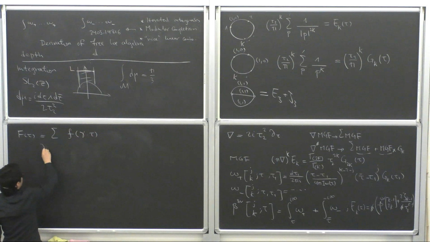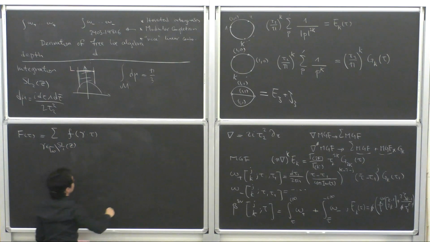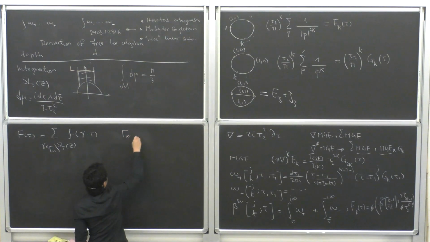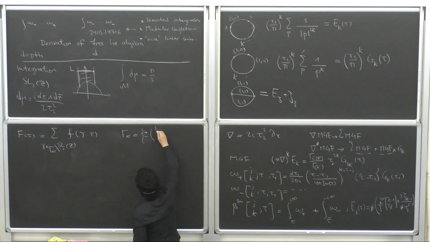This gamma that acts on tau is an element in SL2Z mod out by the Borel subgroup, which is just a translation by integers.